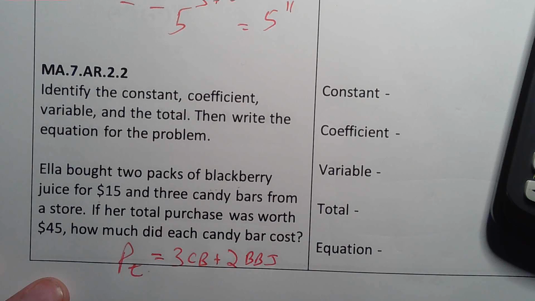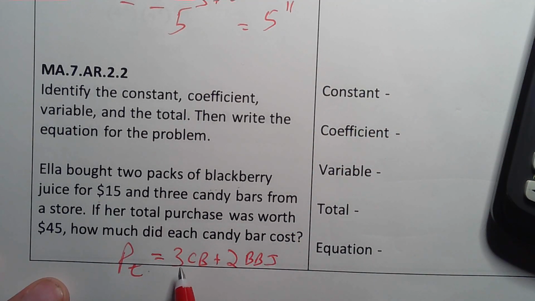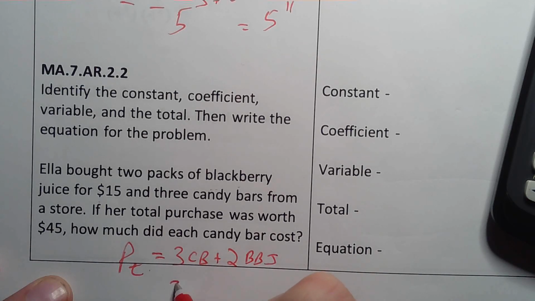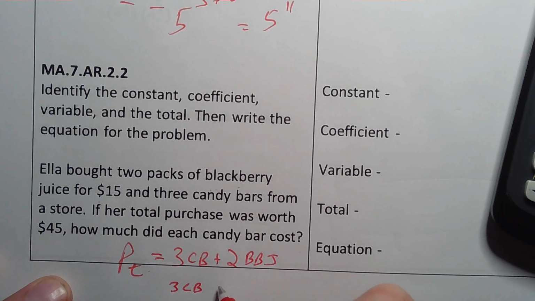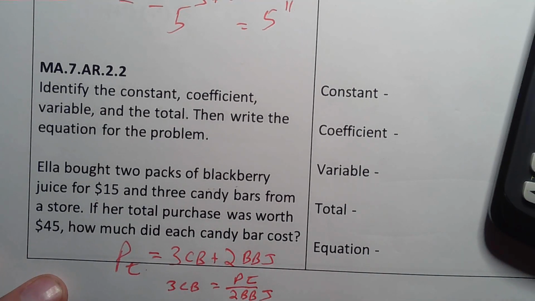Okay, so let's solve for 3 candy bars. 3 candy bars equals the purchase total divided by 2 blackberry juices, right?